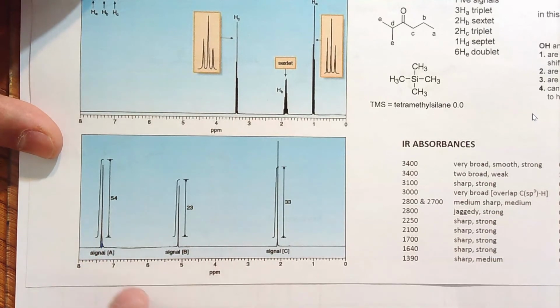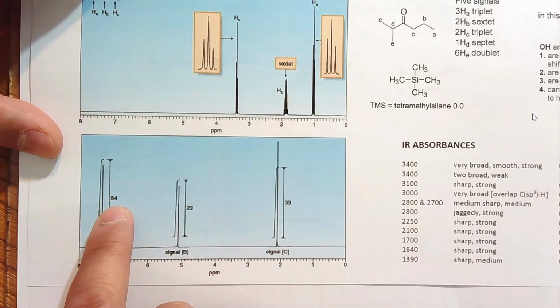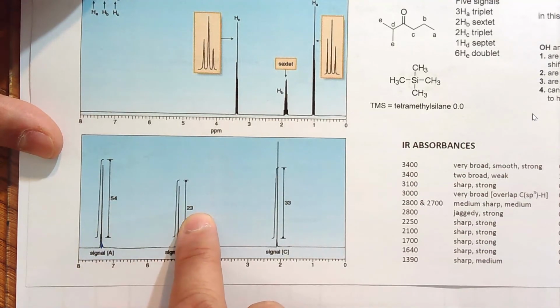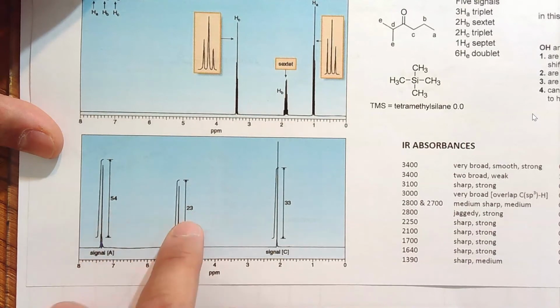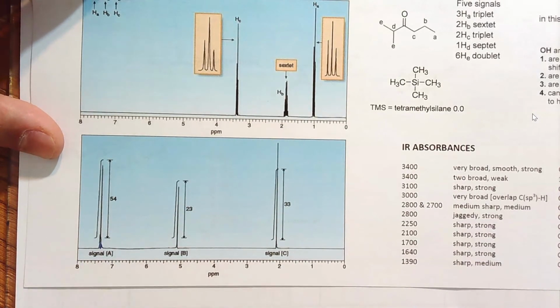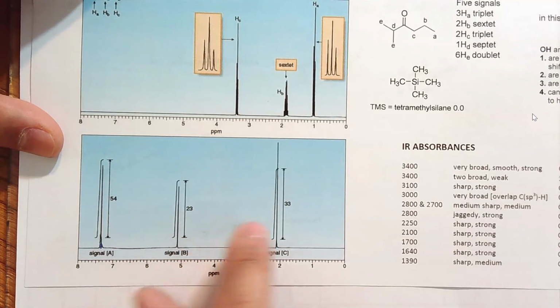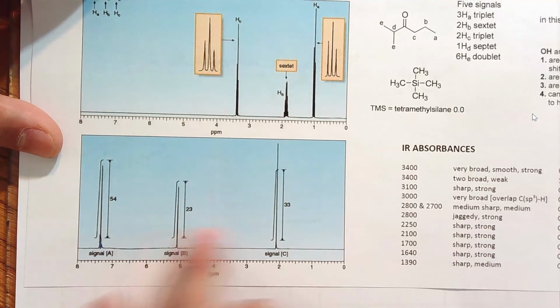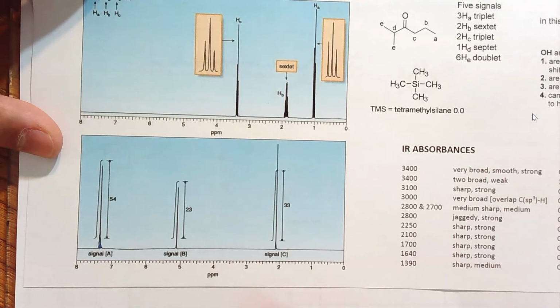So they're telling me that this area is about twice as big as that area. A little bit more, actually. 54 and 23. Well, that ratio tells you the number of hydrogens per signal. But for this one, we don't have a molecule that has 54 protons.